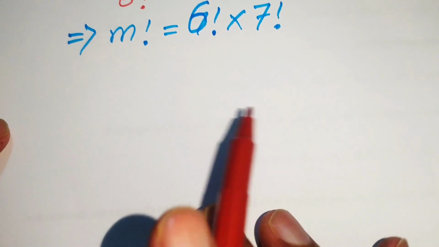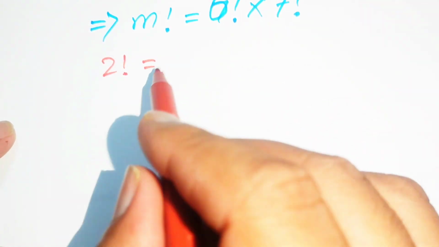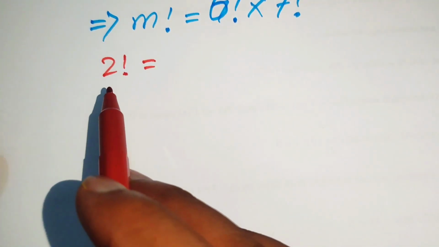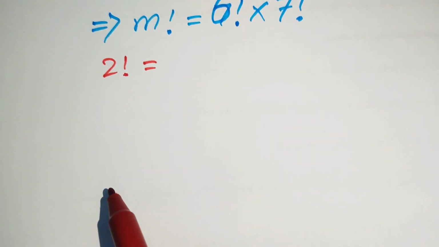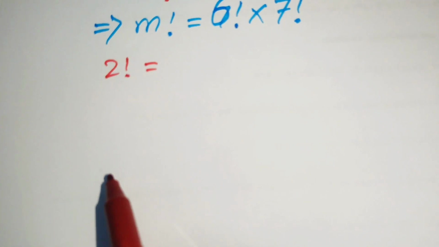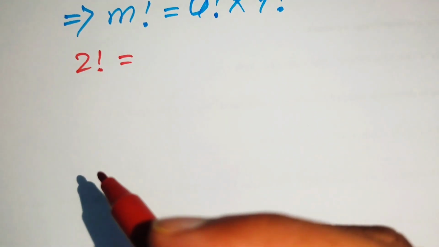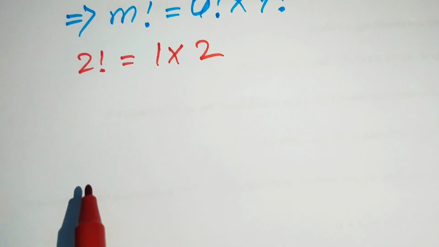You know that if we have 2 factorial, we just start from 1 and multiply the terms up to 2, so it will be written as 1 times 2.